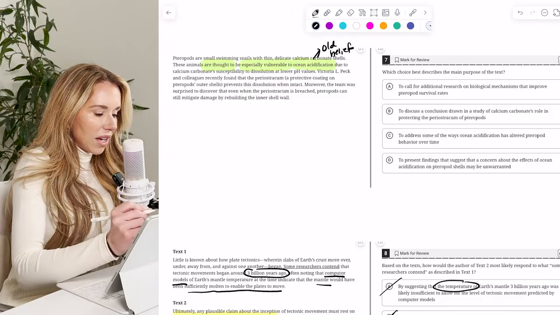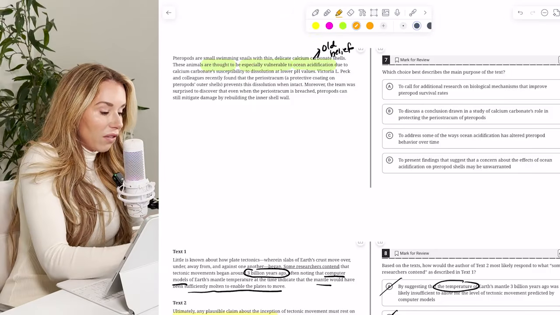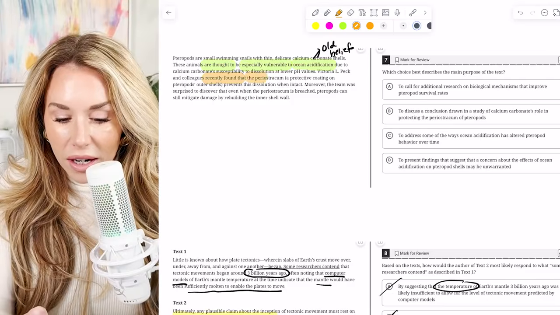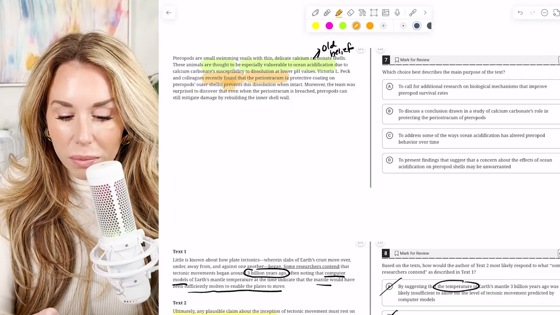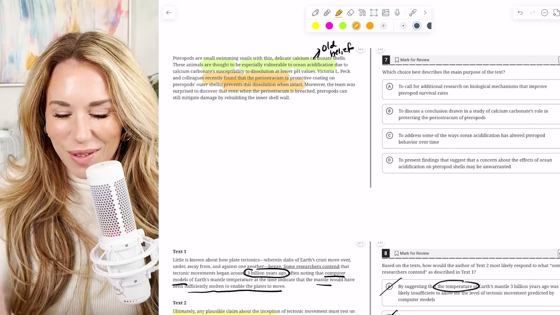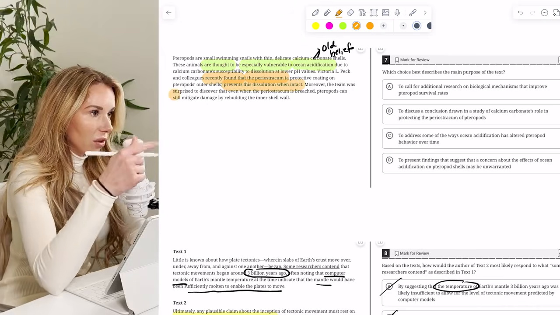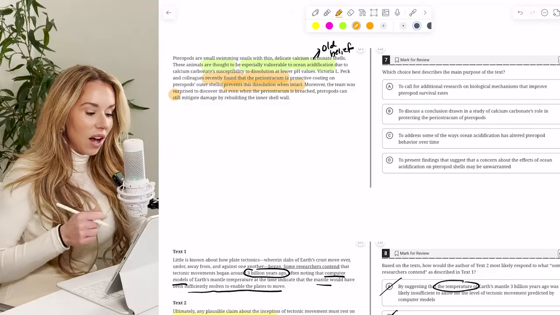And then they said that they recently found, so here's a new idea or new discovery, that their protective coating prevents this dissolution when intact. Interesting. So they're not as vulnerable to the ocean acidification as we once thought.